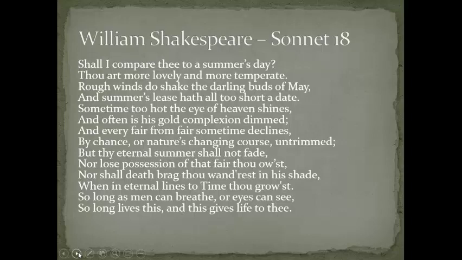This poem is about time, the idea that a love affair is a short lease on time, but that by writing this poem in the end, Shakespeare was able to make his love eternal, right? We're still reading it. He wrote this in the 1600s, right?